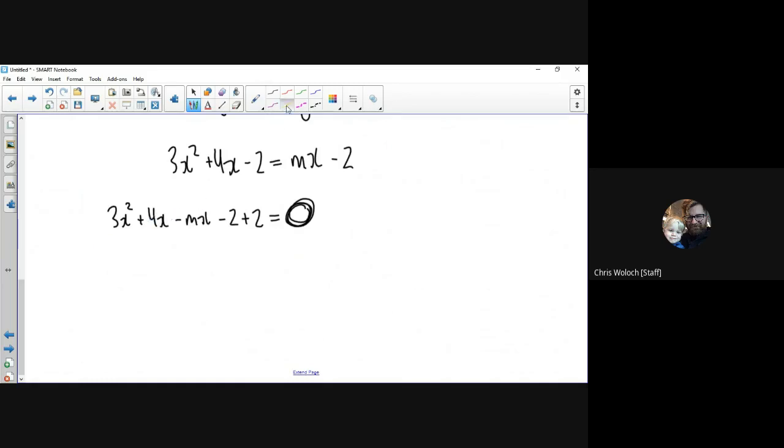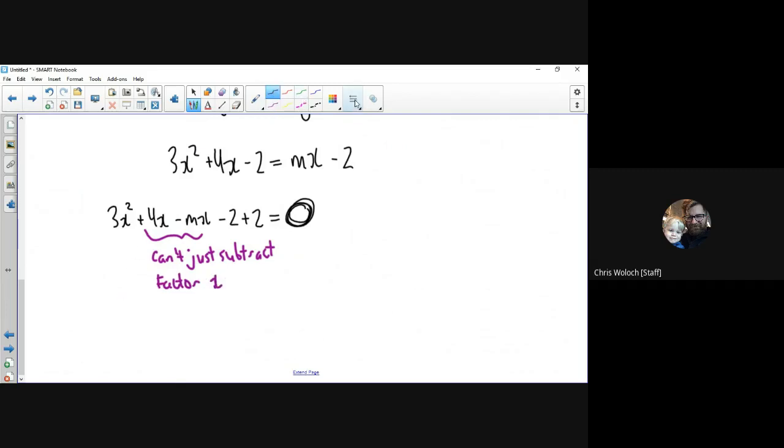Now, we can't just subtract these terms, because they're not like terms. So watch what I'm going to do: we're going to factor out an x.